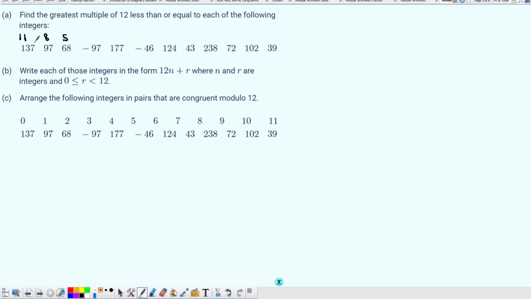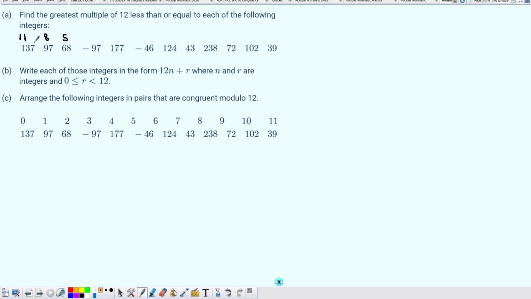Negative 97. Well, I know that 9 times 12 is 108. 9 times 12 is 108. 8 times 12 is 96.